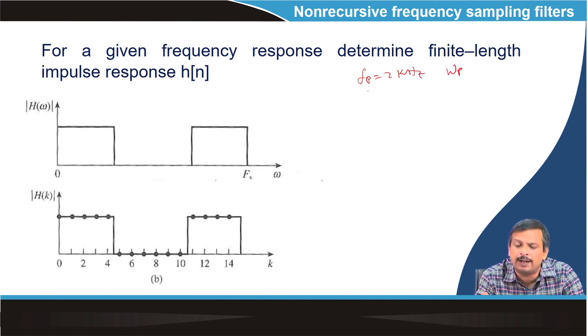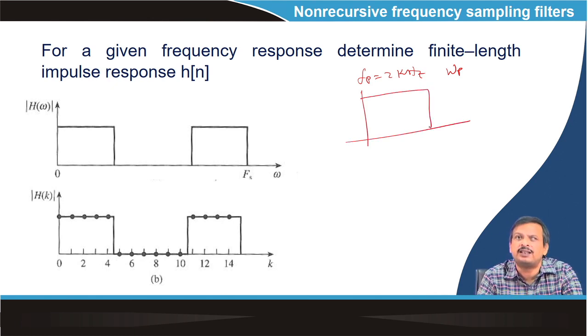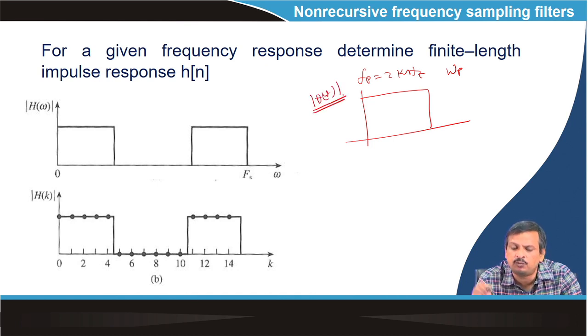Once I know omega p, what is given to me? This one is given to me, that is the magnitude response mod H of omega, which is given in the specification. Up to omega p this will be 1 and this will be 0 after omega p. That was the specification given.